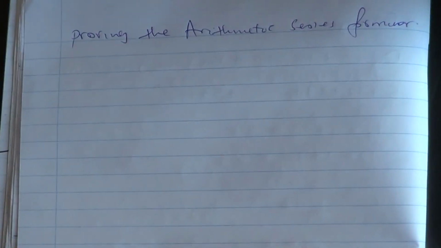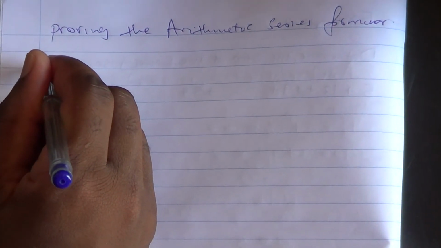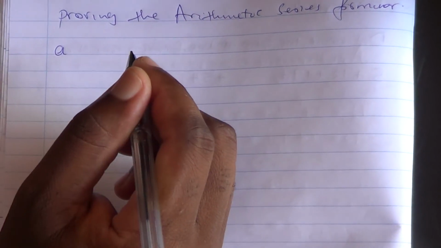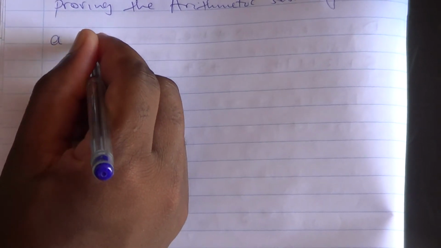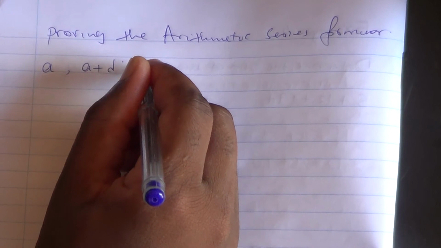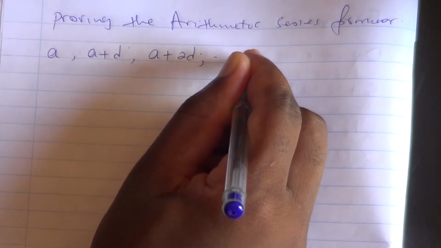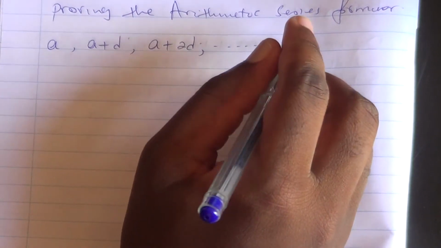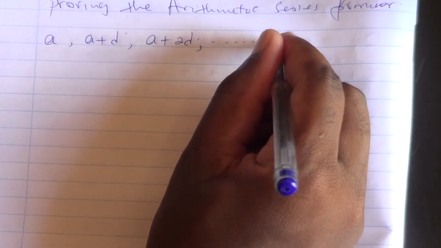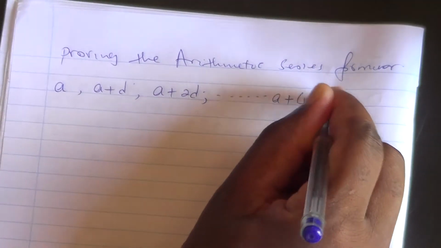Okay, where does it start? Remember, the first term is a. The second term, a plus d. The third term, a plus 2d. Going forward, we are going to get a plus (n minus 1)d.